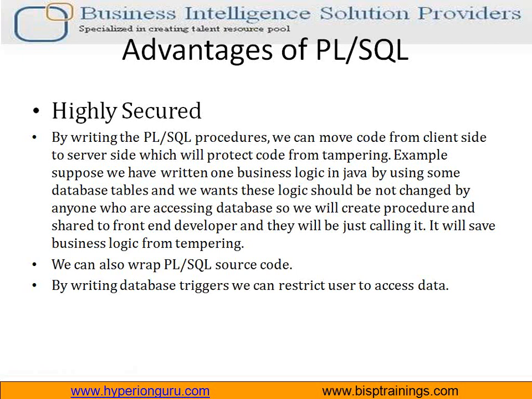This is a highly secured kind of functionality, because if you write this in your Java code, any developer can come and change it. In any company, the database is not shared across developers. Only view privileges are given to front-end developers, unless update and delete are required, very rarely.